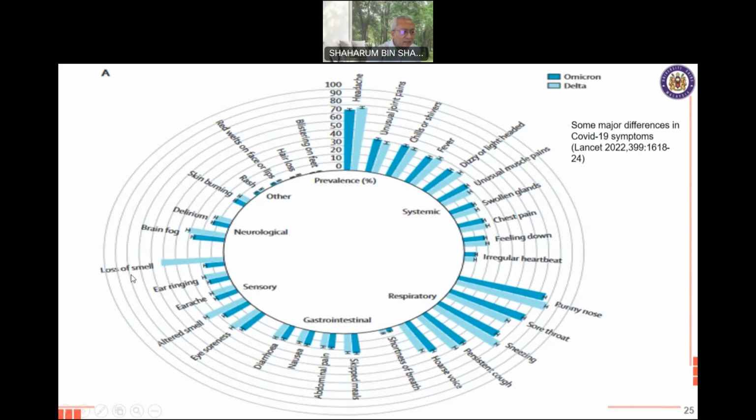Here you can see that the Delta variant shows a very different loss of smell capability in the patient compared to Omicron. And also the altered smell. Other than that, shortness of breath, sneezing, sore throat are very much the same.